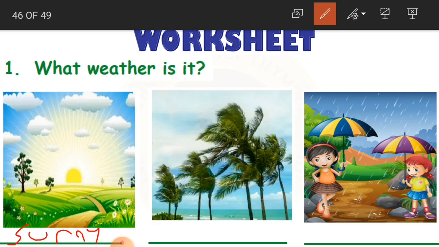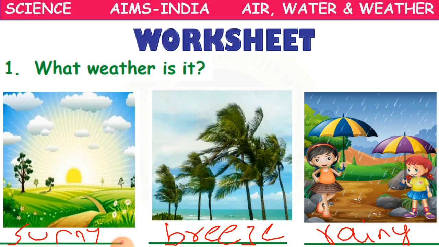And here you can see the tree is moving gently because of the wind. A very slow wind, we call it what? Breeze, gentle wind. Here this is a rainy day because you can see the rain and the children are carrying umbrellas. Clear, children?